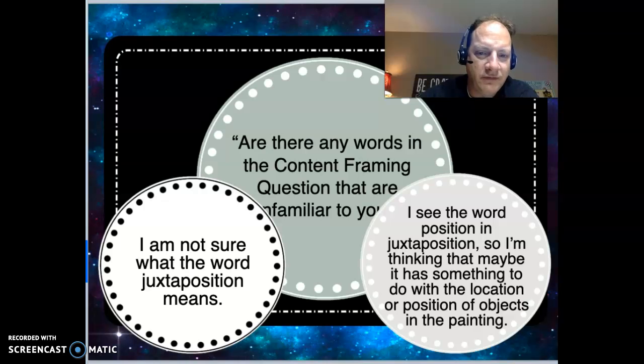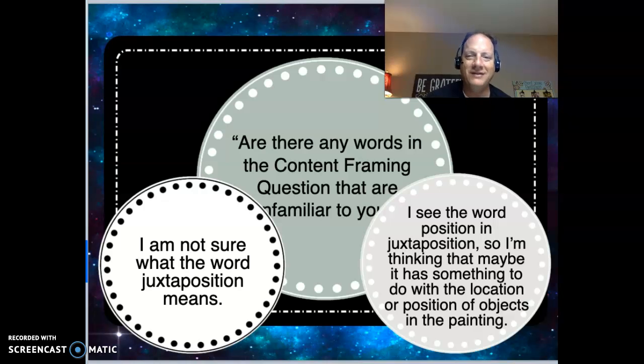So we have our content framing. It says, are there any words in the content framing question that you're unfamiliar with? So my content framing question again is, what does a deeper exploration of juxtaposition reveal in the painting? Well, just as I showed you, I'm not real sure what that word juxtaposition means. Now, I see the word position in juxtaposition, so I'm able to think that maybe it has something to do with location or position of objects in the painting.